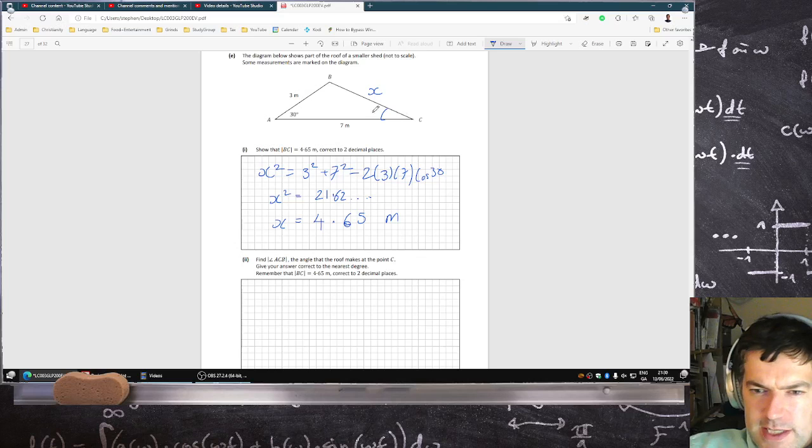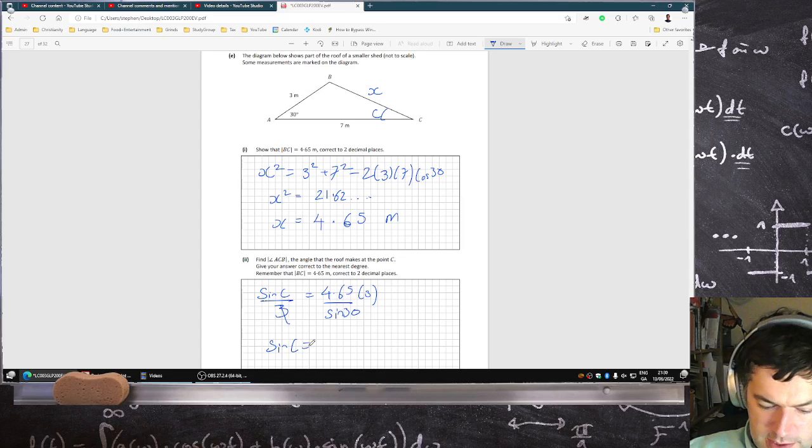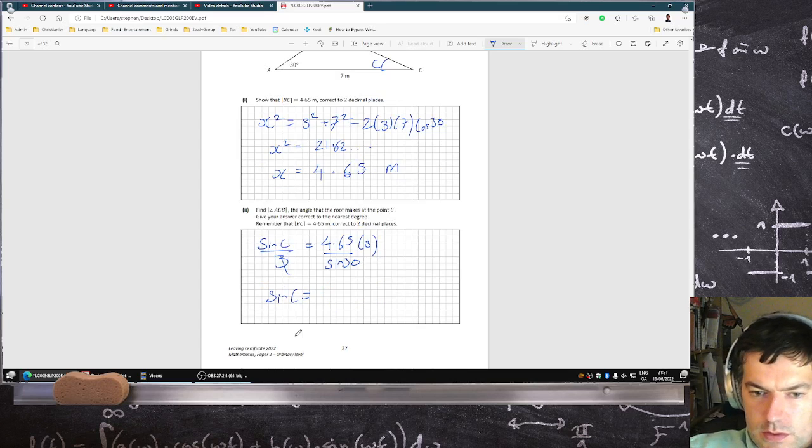Find the angle ACB, this angle here. I'll call that angle C. That's the sine rule. Sine C over 3 equals x over sine 30. Now again, I'm going to use the 4.65. Oh, sorry, I wrote that upside down.